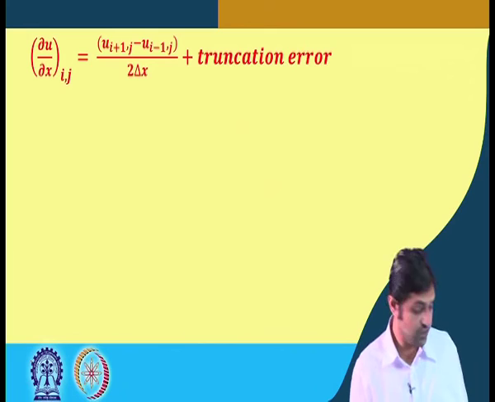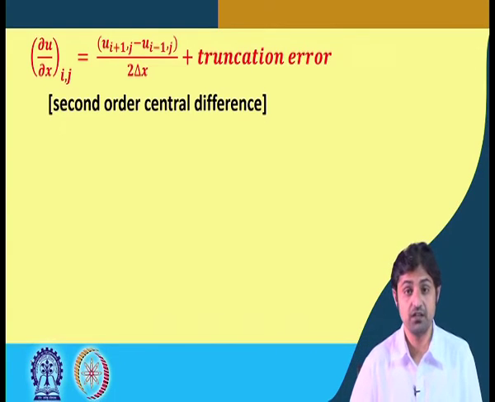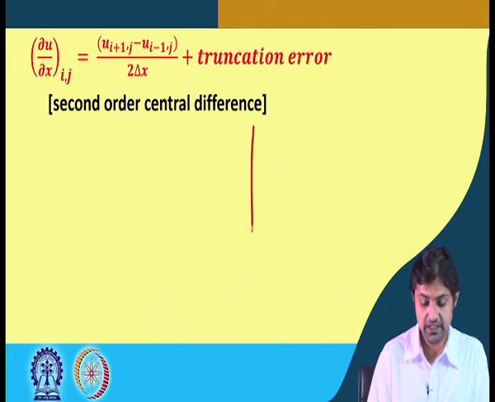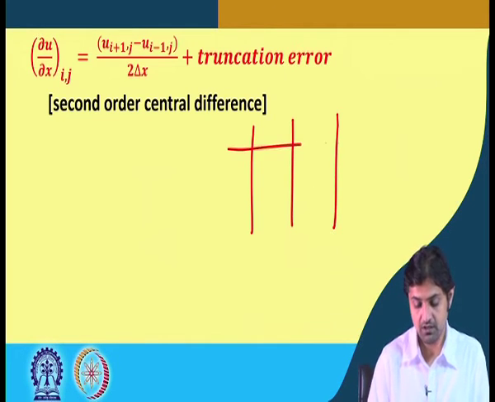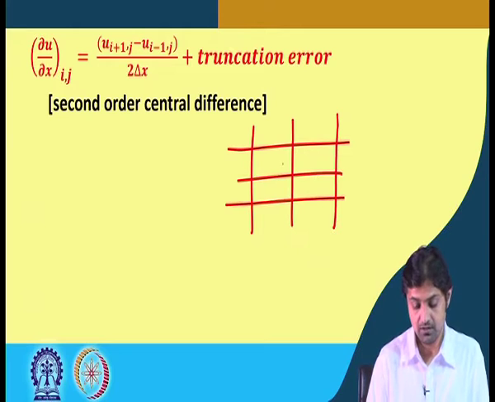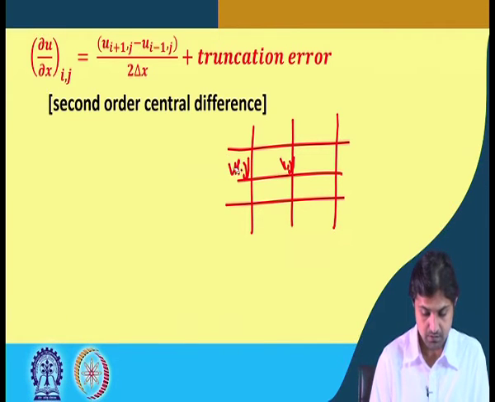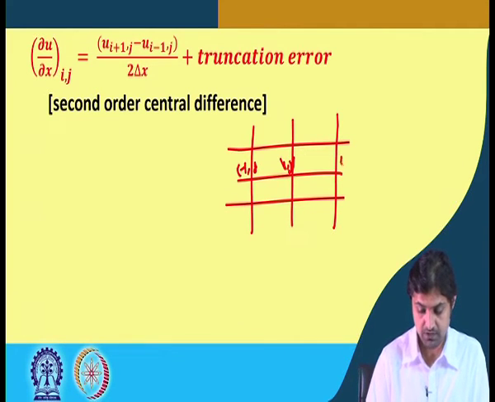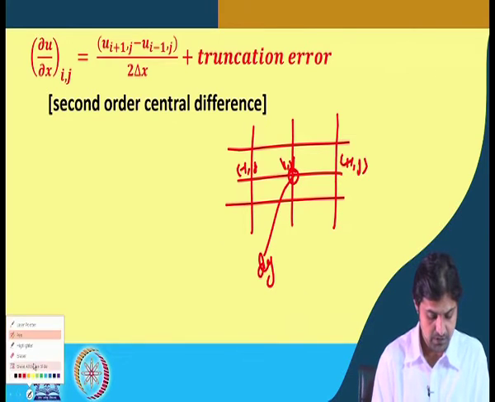So this is another way, and this is called the second order central difference. What were we calculating? Again drawing, this is I comma j, this is I plus 1 comma j, this is I minus 1 comma j.